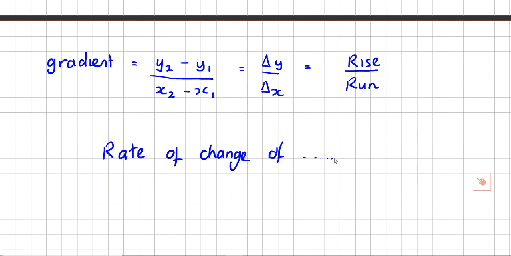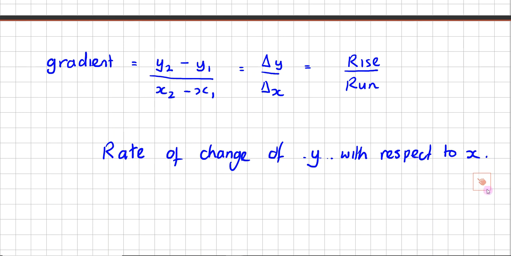So in this case, if I've just got x's and y's, it's called the rate of change of y with respect to x. And as the rate of change of y increases, what happens to the gradient? It increases. And what happens to the line? It goes up more. It gets steeper.